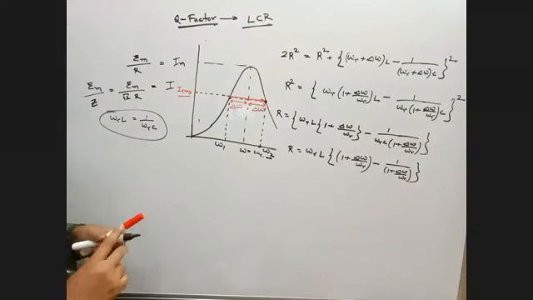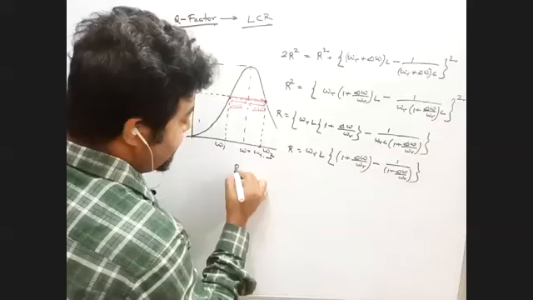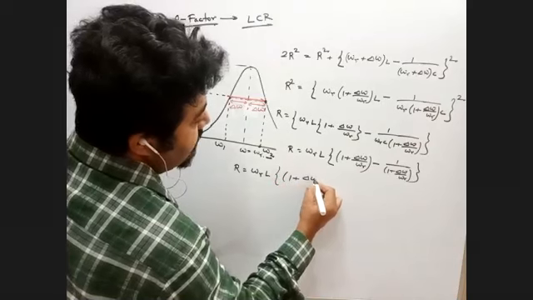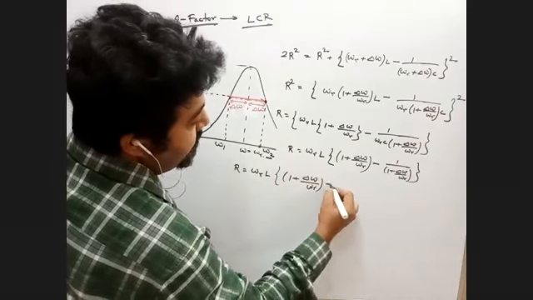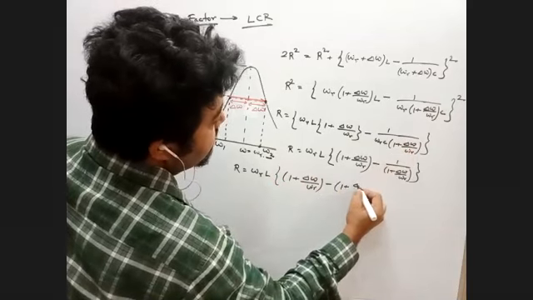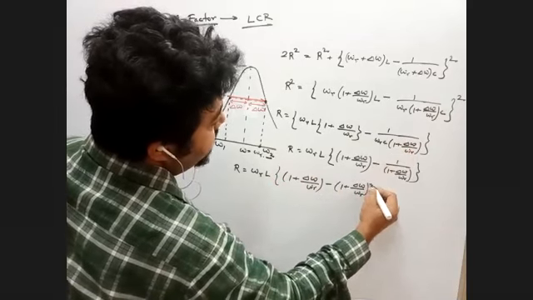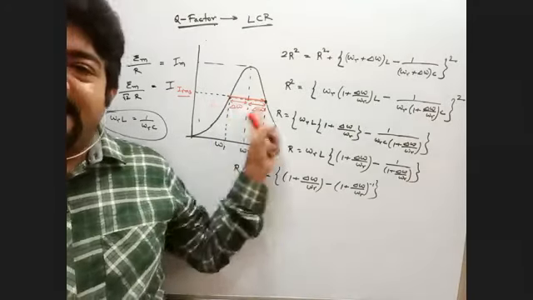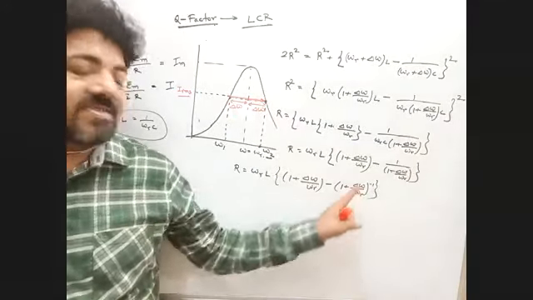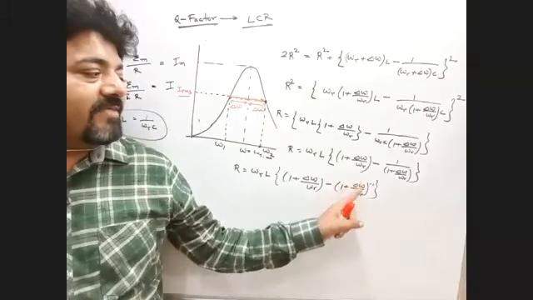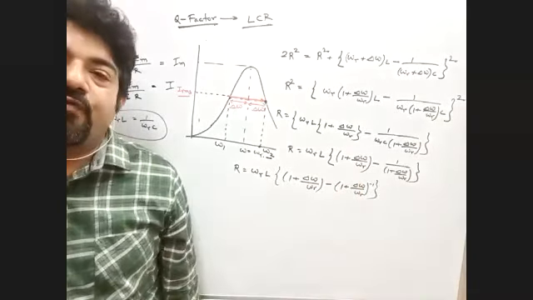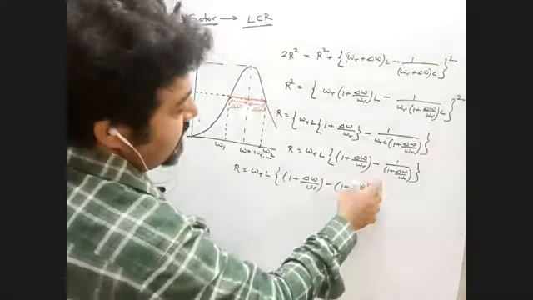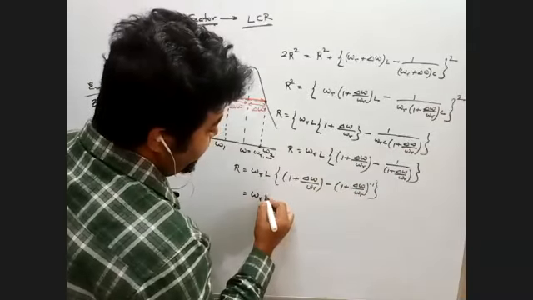That is why this derivation has never appeared. Now you are probably feeling why it has not appeared. Omega R L, that is 1 plus del omega by omega R minus, taking this upwards, 1 plus del omega by omega R minus 1. Now with respect to omega R, the change in omega, del omega, is a very small value. So something divided by a very large value, that value is very small. We know from the binomial theorem, 1 plus x, if the value is very small, the power is very small, we can bring it to the front.